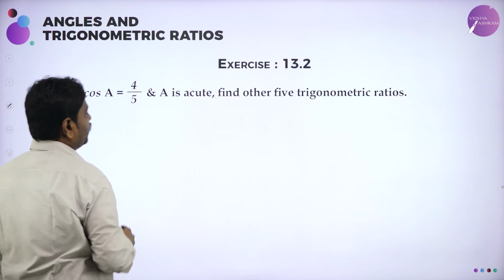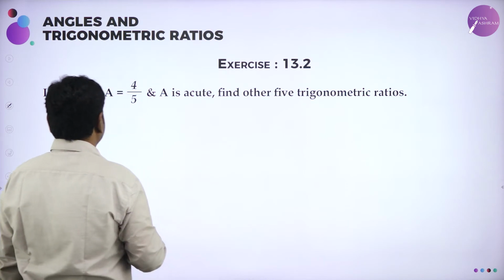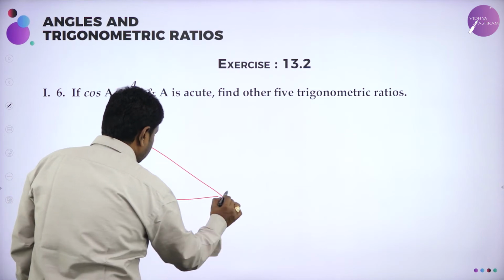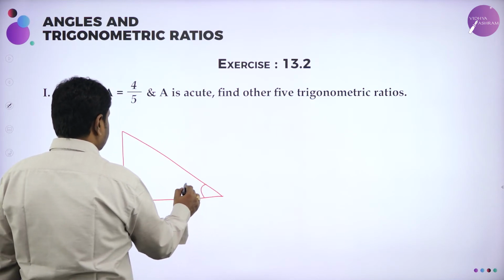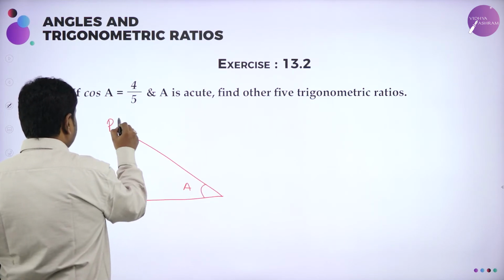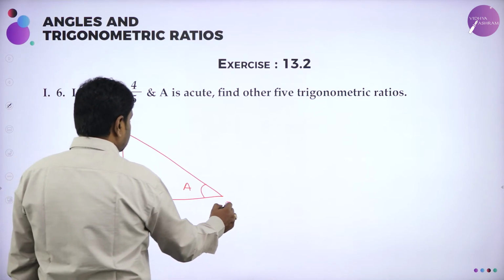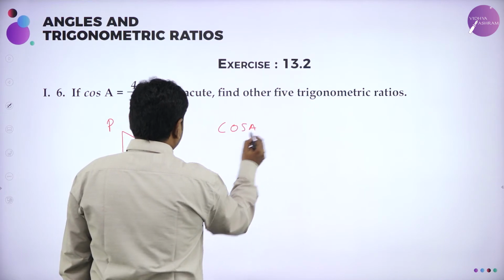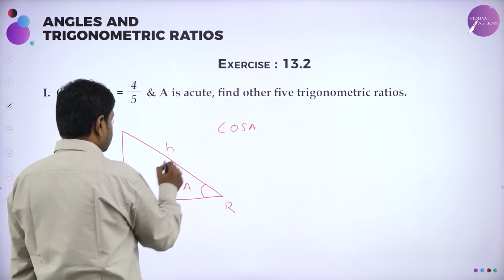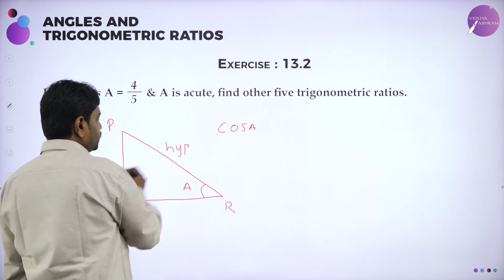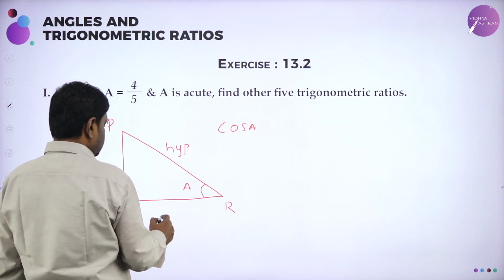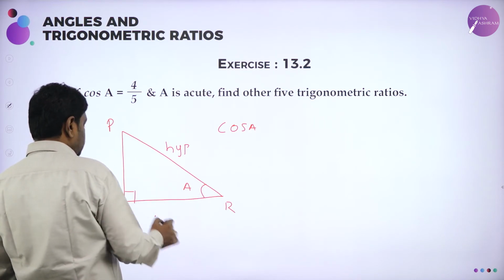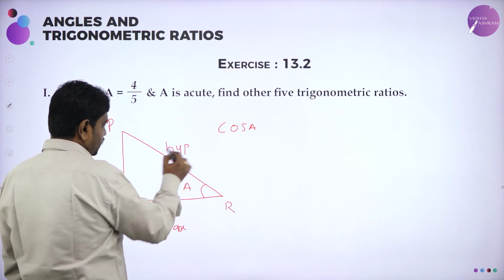Now cos is 4 by 5, find all other trigonometric functions. So they give cos as 4 by 5. We'll construct a triangle. I'll take this angle as A, and again name this triangle PQR. If this is the right angle, then this is the hypotenuse, the side opposite to A is the opposite side, and this is the base.